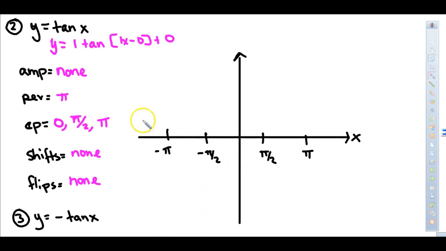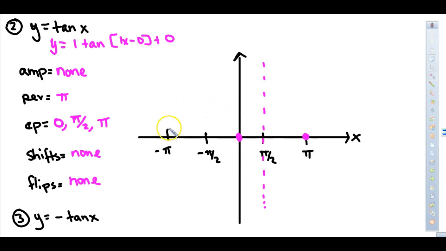Okay, start with 0. The tangent of 0 is 0. The tangent of pi over 2 is undefined. And the tangent of pi is 0. That is one complete period.